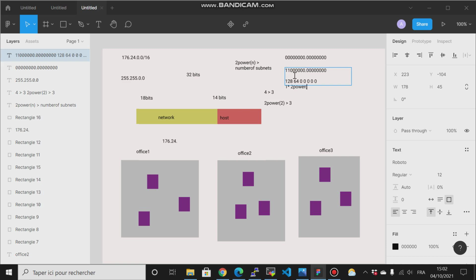This is how we convert from binary to decimal. I hope that is clear for you now.